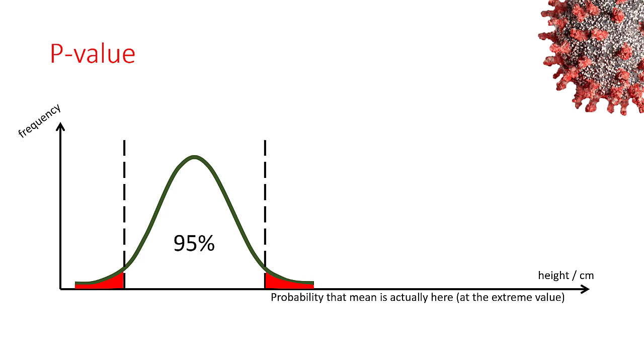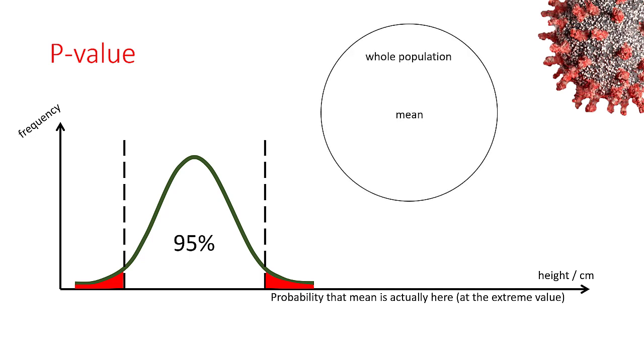P-value is the probability that mean is actually down here at the red color region at the extreme end. This can actually occur because, like I mentioned earlier, in the Everton and Newcastle example, there's probability of crazy thing that can happen.